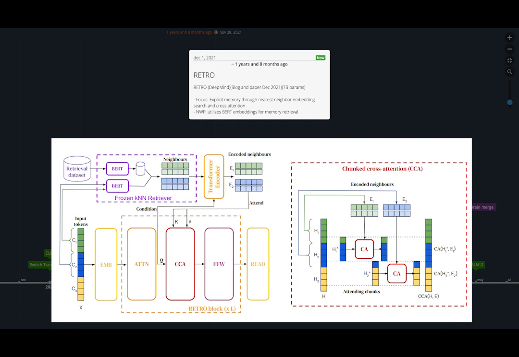Their approach involved generating embeddings of the external database using BERT, performing nearest neighbor search between the input sequence's BERT embedding and the external database, encoding the result further, then integrating that result into the main transformer model through cross-attention. While the approach had a major downside of maintaining a fully embedded database, it also showed very impressive performance, outperforming drastically larger models in many tasks.